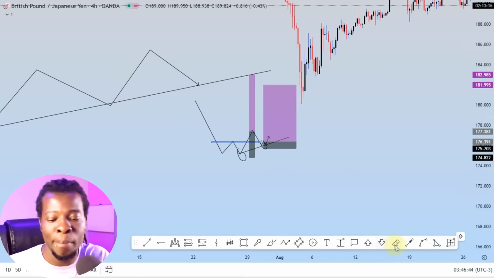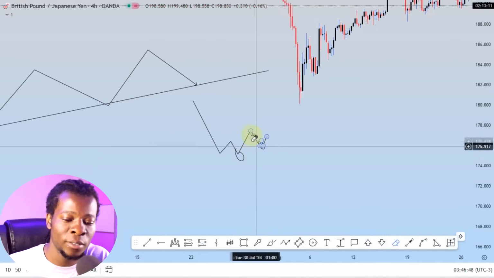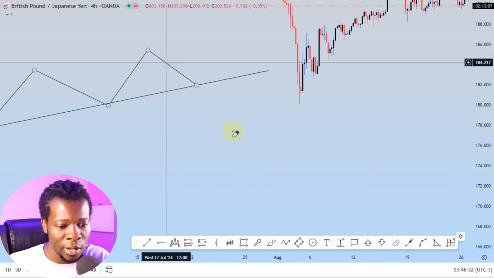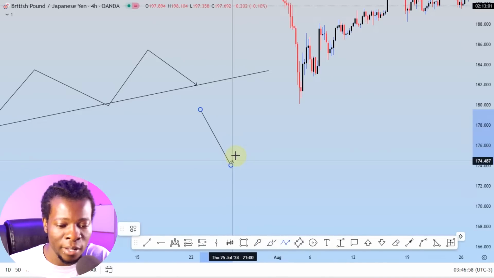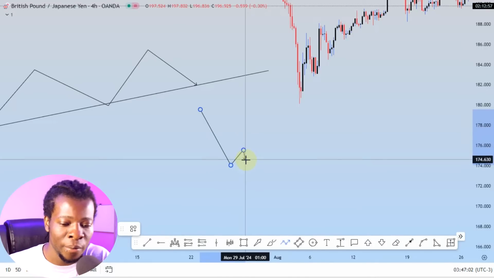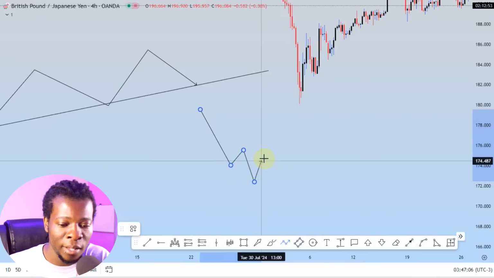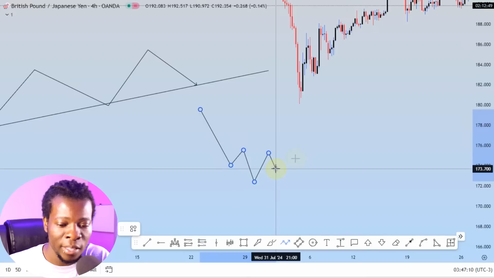Now let's talk about head and shoulders, real quick. This is our downtrend basically. Price came down, then went back, created a new high, right? Then came down, then went back, respected that new high, then did this.